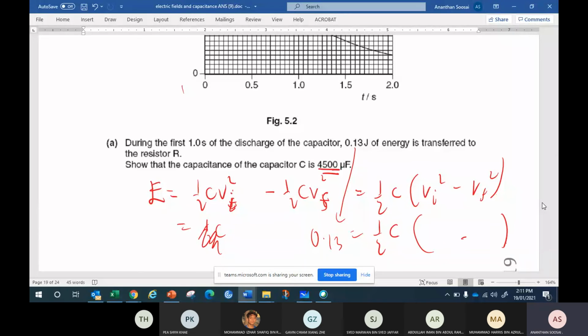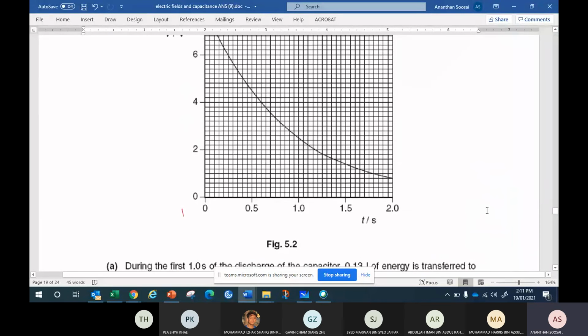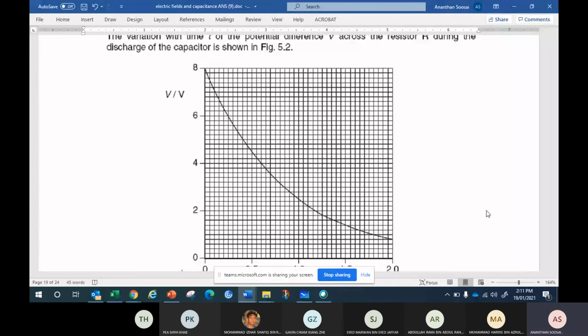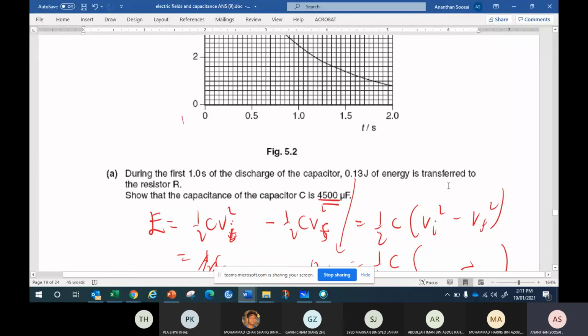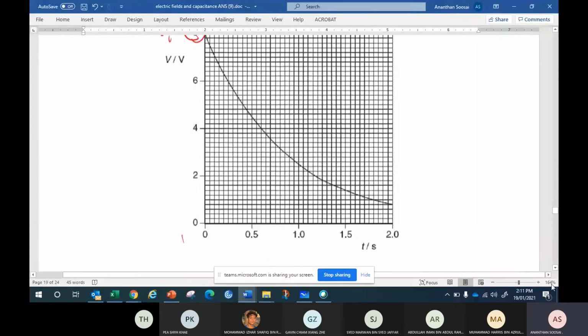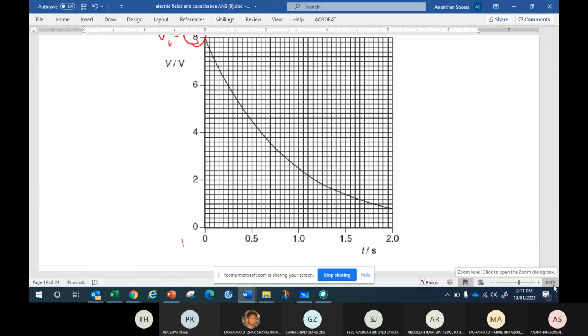V final, V initial, how do you get them? You get them from the graph. So 8 is your V initial. Final is what? Because it's only 1 second, you go to 1 second and check the voltage somewhere here.